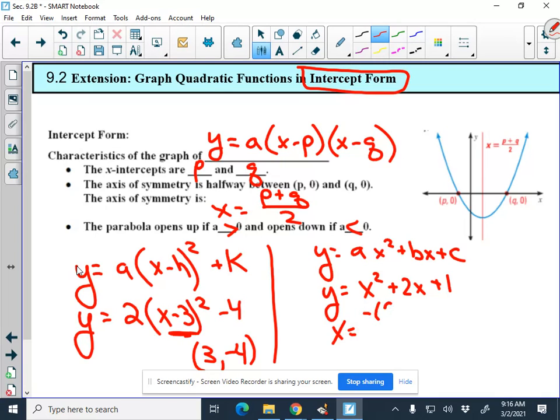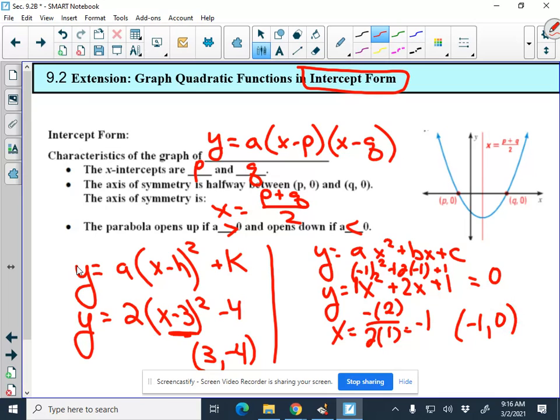So b would be 2, and a would be 1. -2 over 2 would be -1. Then we put the -1 back in the equation to figure out y. If I put in -1 squared plus 2 times -1 plus 1, all that's going to end up getting me 0. And we find the vertex at -1, 0.